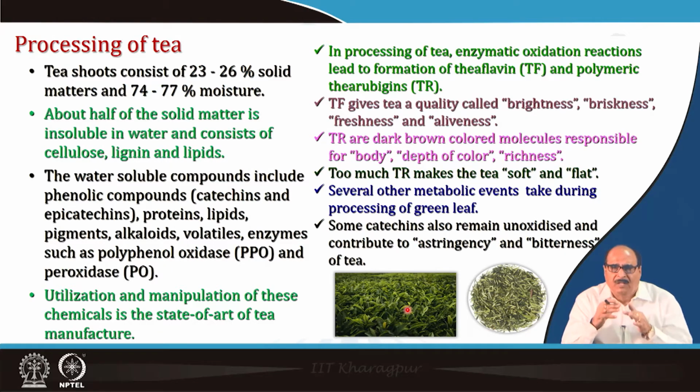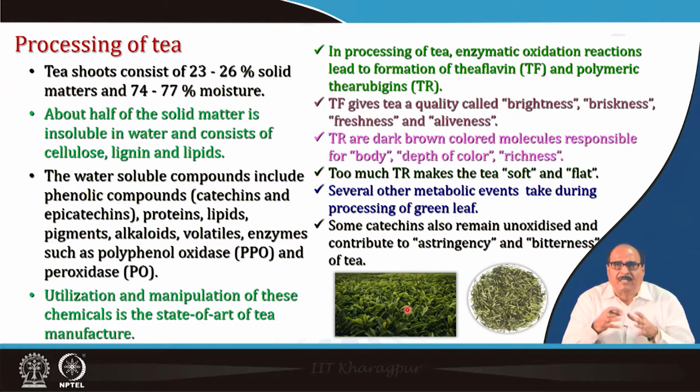In the presence of atmospheric oxygen, an instant oxidation reaction takes place, and there is formation of theaflavin and polymeric thearubigin. Theaflavin gives the tea its qualities called brightness, briskness, freshness, and aliveness. Thearubigins are dark brown colored molecules responsible for body, depth of color, and richness of the brew. Too much thearubigin makes the tea soft and flat.